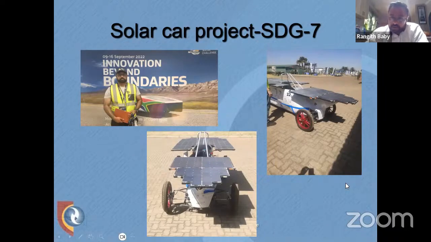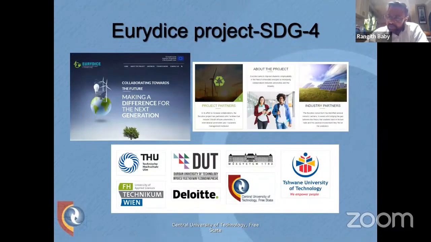We are also involved with the Euridice project. It is a project that is concurrently run between 3 partner universities in South Africa, as well as 3 partner universities in Europe, one being in Germany, one being in Belgium, and the other one being in Hungary. So the idea here is to give experience to students in the field of renewable energy, especially with focus on solar and wind energy.